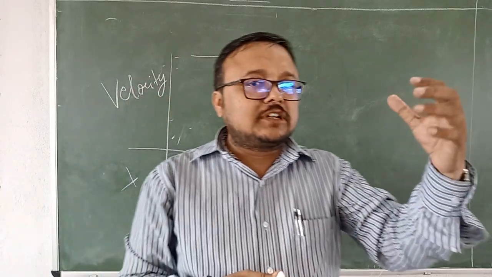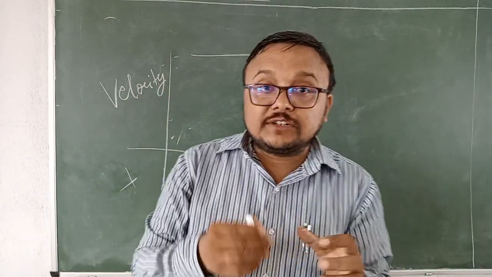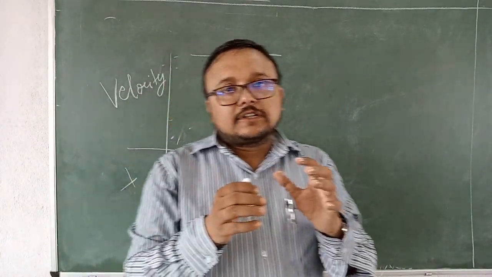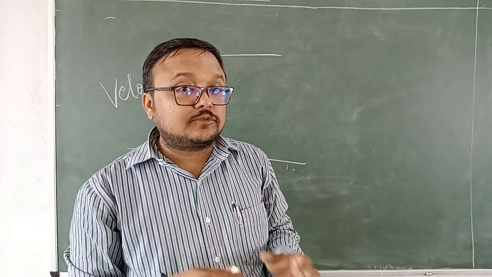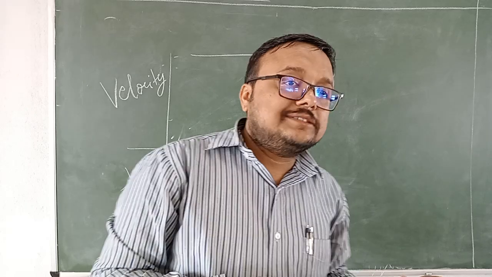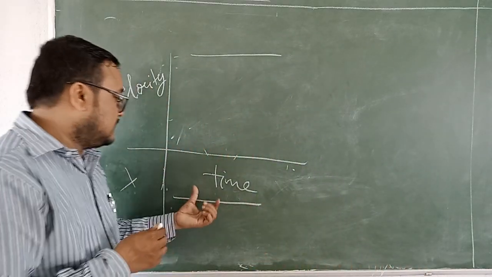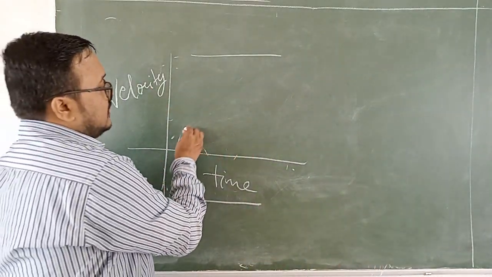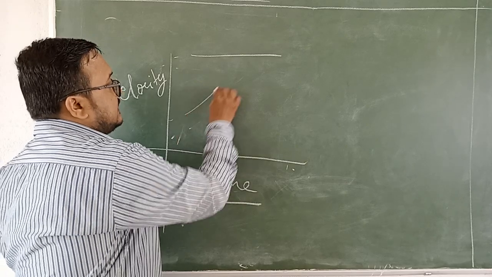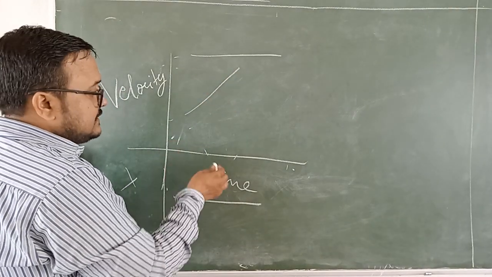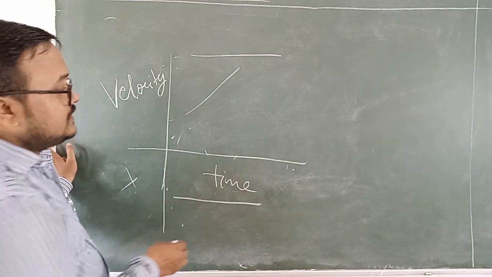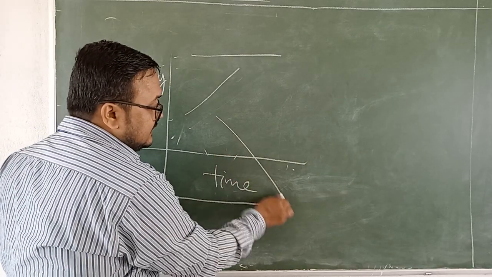If we suppose a point as origin, and we consider that this direction is positive and this direction is negative, then when we move in negative direction, the velocity is in negative axis. And again a straight line indicates the acceleration. The only change with velocity time graph is that it will enter in the negative direction.